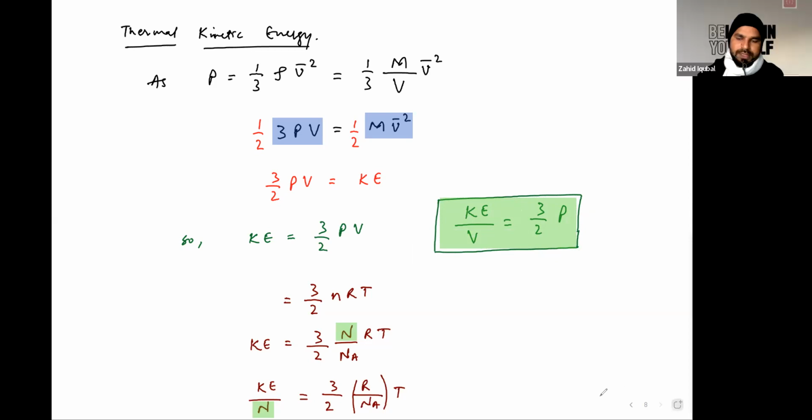Now, related to this part, kinetic energy by number of particles: we have kinetic energy divided by number of particles equals 3/2 R by Na multiplied by T. This quantity is called the Boltzmann constant. This quantity, kinetic energy by number of particles, is also called average kinetic energy.